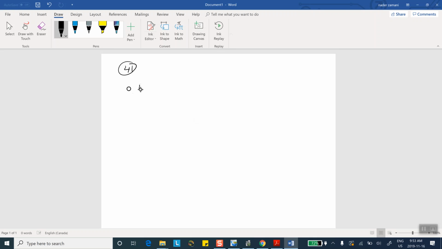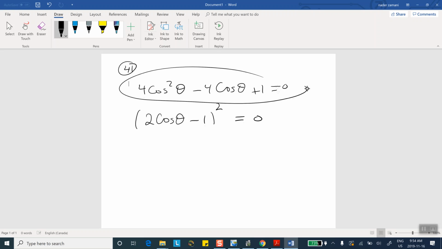It goes like this: 4 cosine squared theta minus 4 cosine of theta plus 1 equal to 0. I hope that you realize that this is the same as 2 cosine of theta minus 1 squared equal to 0. Or factor it, you're going to get 2 cos theta minus 1 and 2 cos theta minus 1. And therefore, 2 cos theta minus 1 equal to 0 and cos theta equal to 1/2.